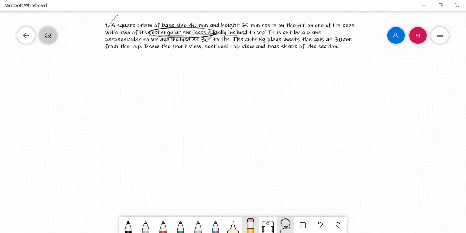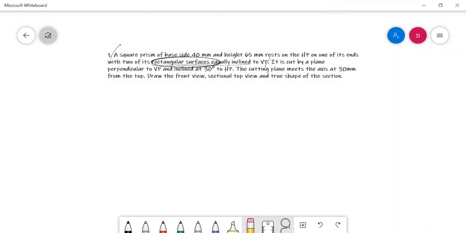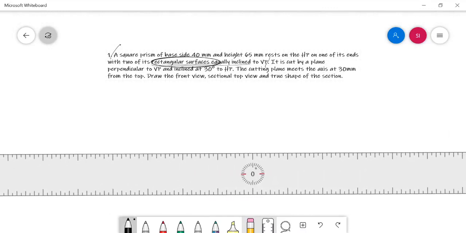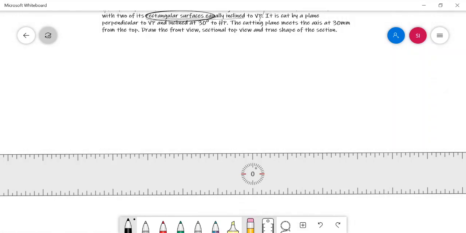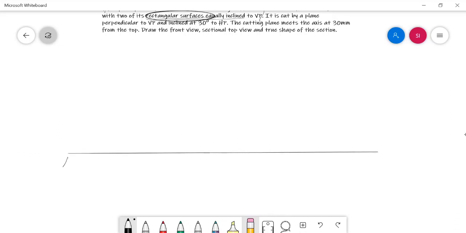As usual, we can start the answer with the XY line. Now we need to draw the solid first, then we can section the solid.